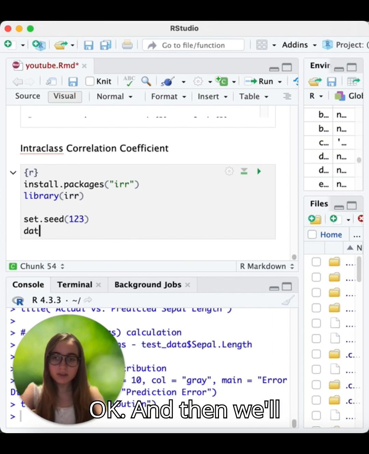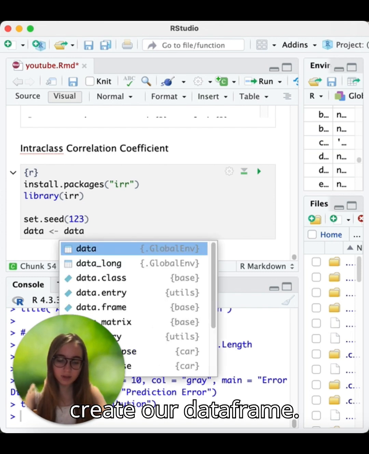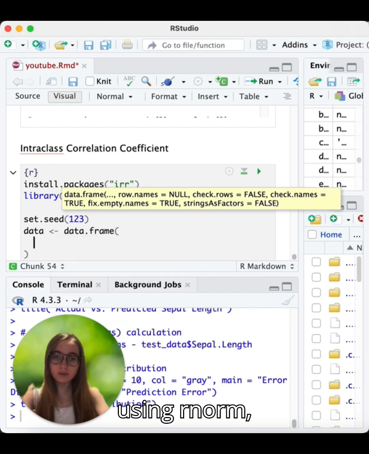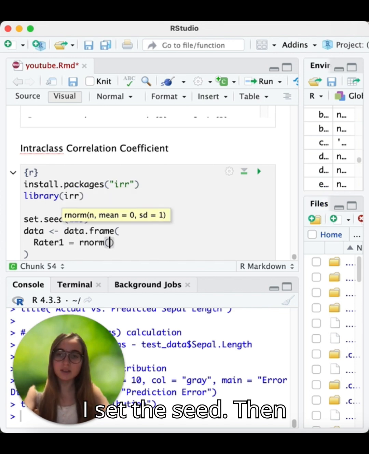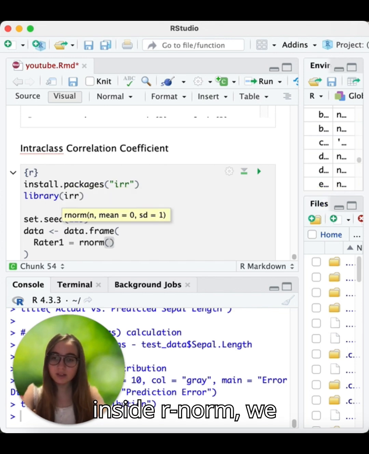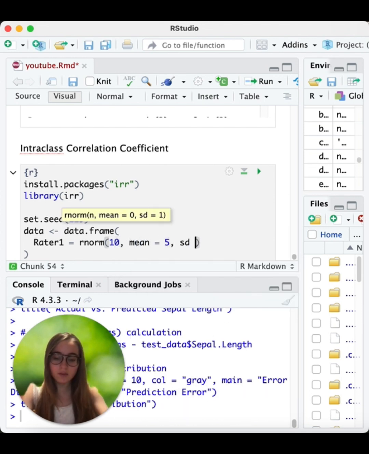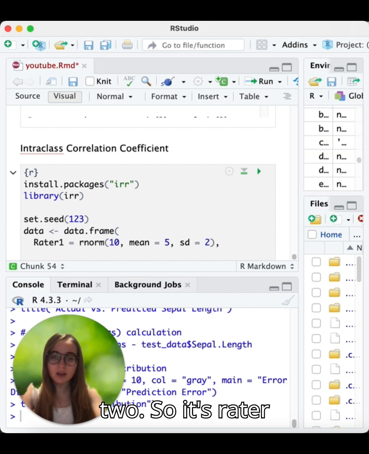Okay, and then we'll create our data frame. Since we are again using rnorm, I set a seed. Then inside rnorm we have the number of samples, the mean, let's say 5, standard deviation 2, for rater 1.